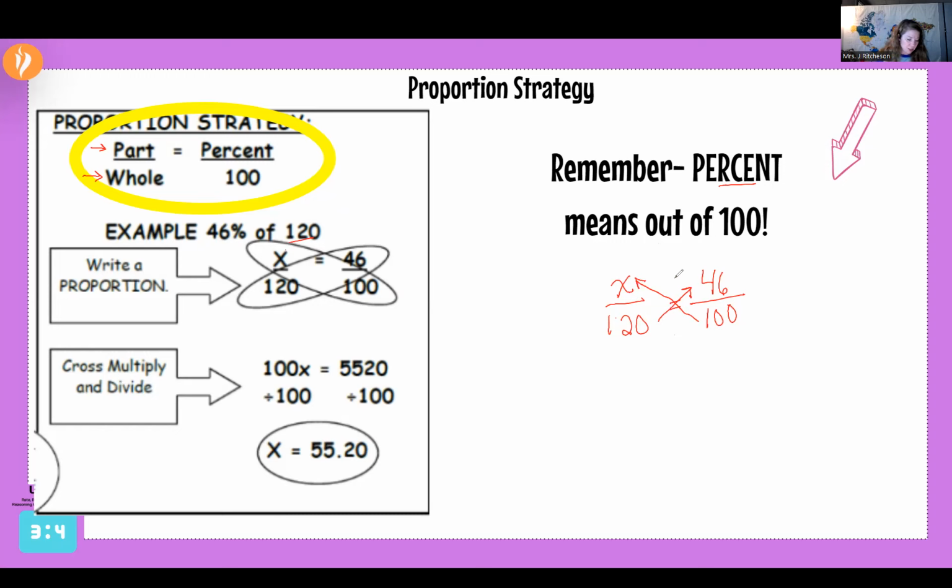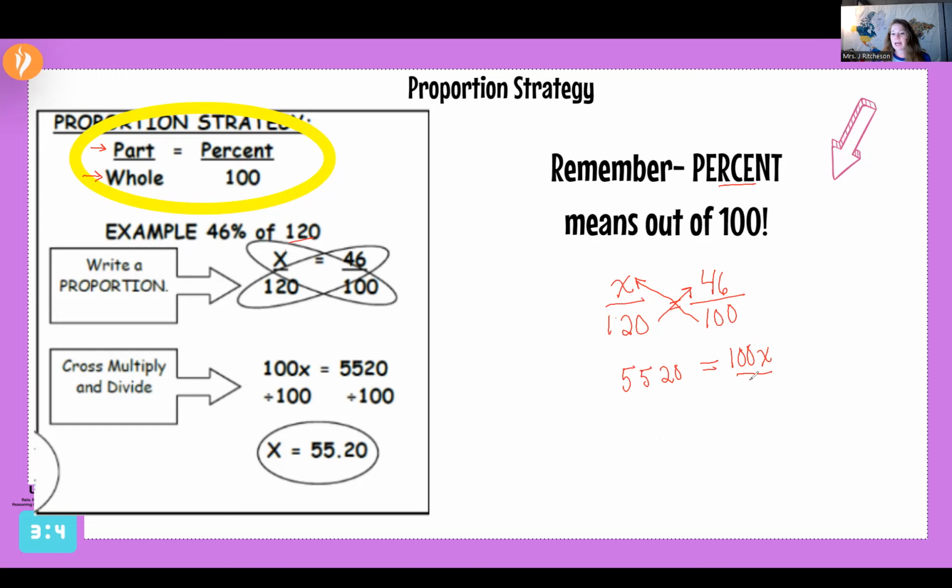So 120 times 46 is 5,520 equals, and now 100 times x, you just squish those together and you get 100x. Now, whatever is attached to the variable, that's what you divide by.